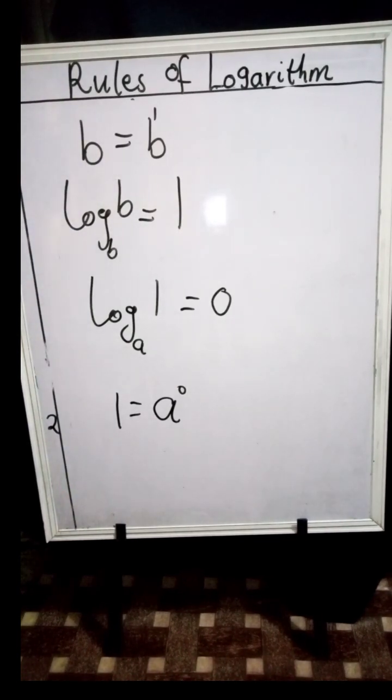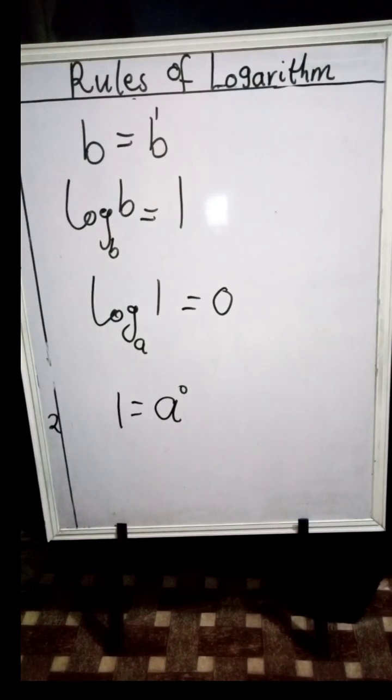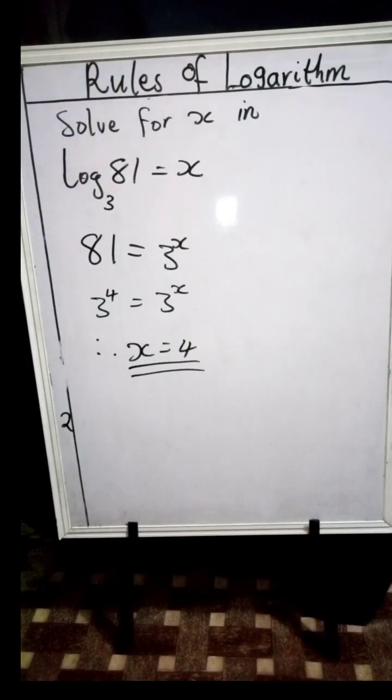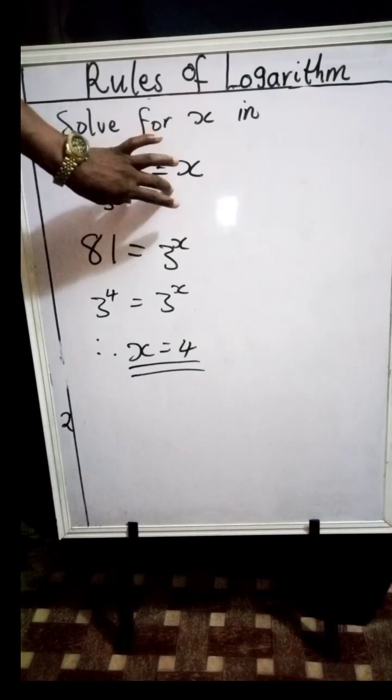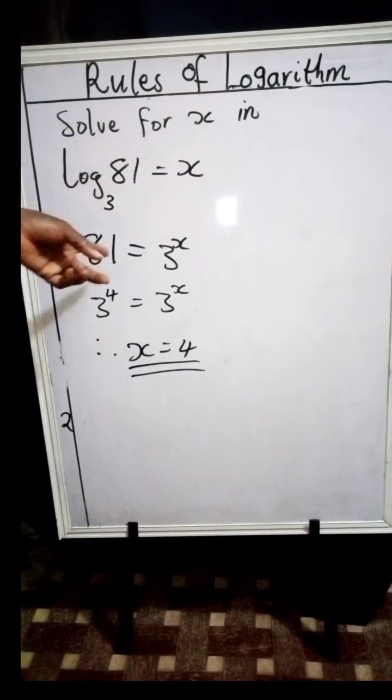Now, having looked into the rules of logarithm, we have to apply these rules in solving some logarithmic equations. Let's look into that. Recall that when we have a problem like this, log 81 base 3 is equal to x, what we have to do first is to change this logarithmic form to index form.